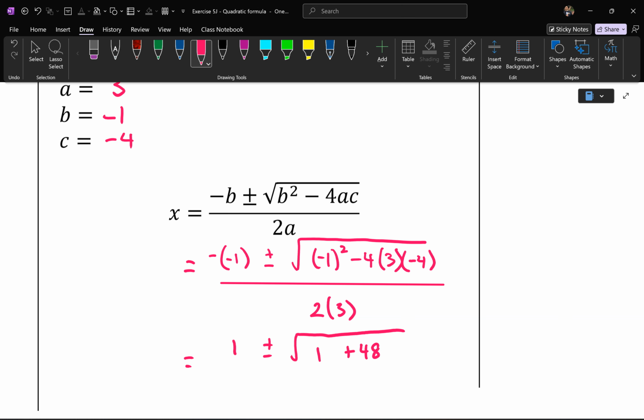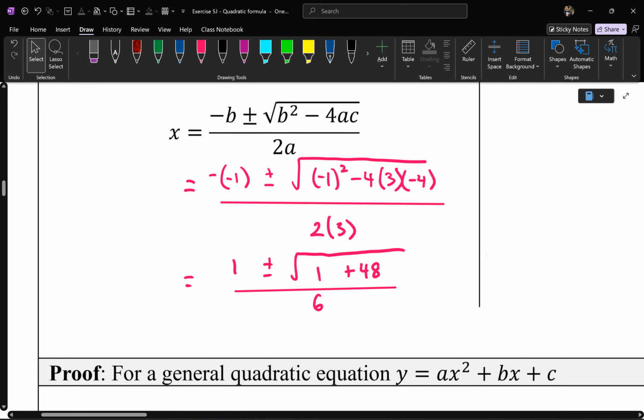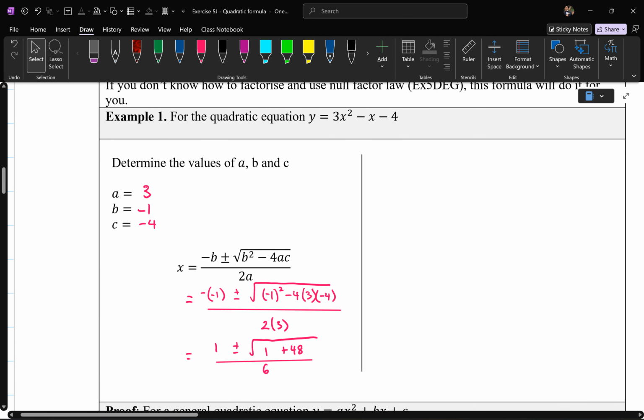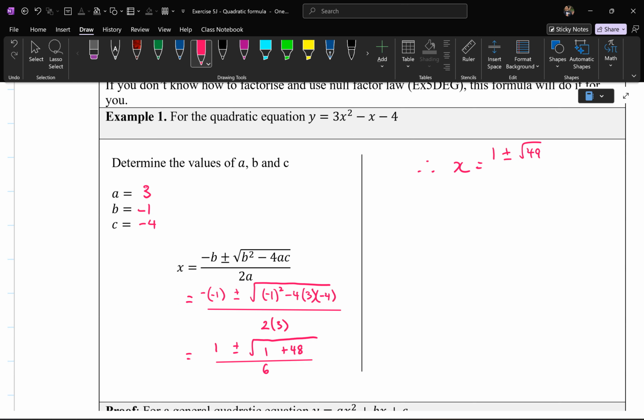Double negatives is positive. So -4 and -4 is positive 16, and triple of 16 is 48. 1 plus 48 is clearly 49, but then over 2 times 3, which is 6. So that tells me the x-intercepts can be at 1 plus or minus root of 49 over 6.